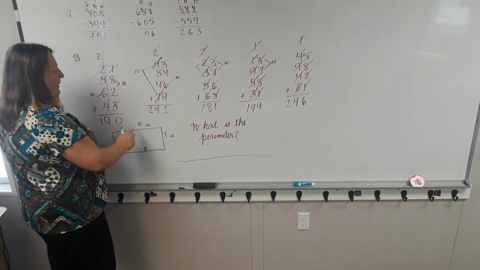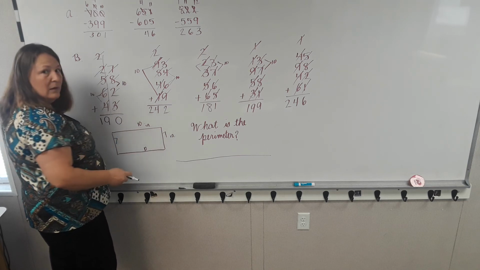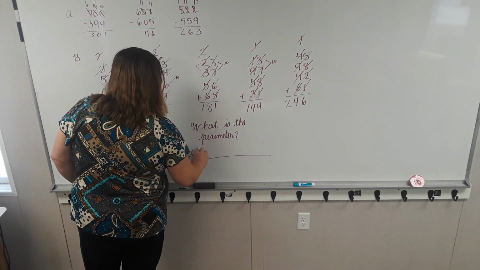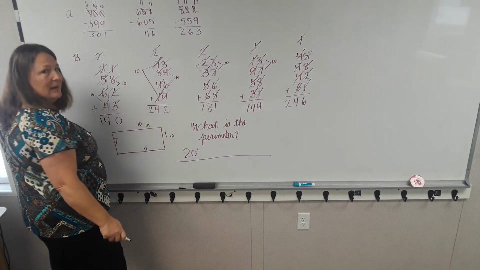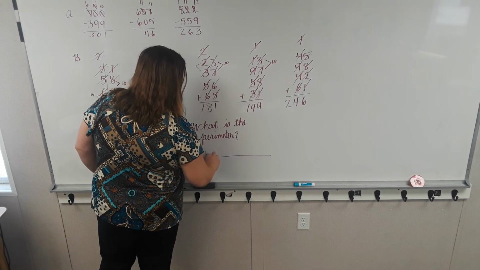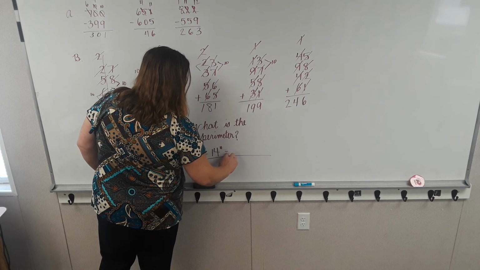So we would have 10 plus 10 equals 20. 20 inches plus 7 plus 7 equals 14 inches equals.